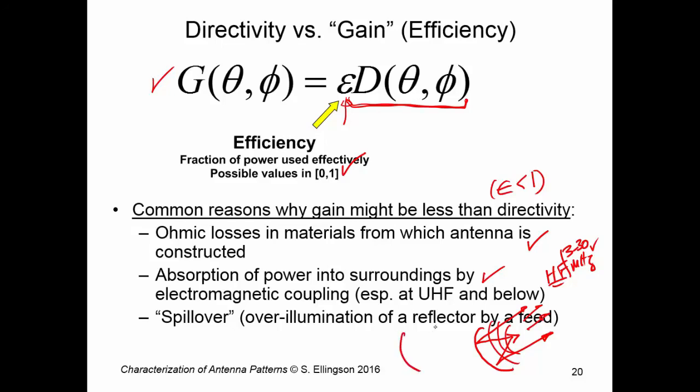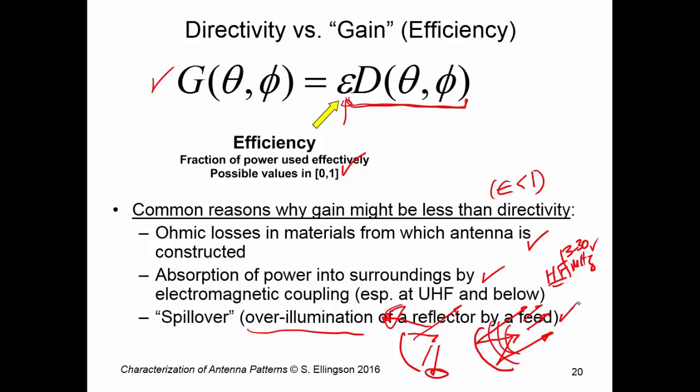Of course, what happens is that there is no way to design a feed system which illuminates only the reflector and doesn't, in part, illuminate things around the reflector through an overshoot mechanism, through over-illumination. And if that's the case, then the power which spills over, which misses the reflector, represents an efficiency loss because that's power which is not being collimated, not being sent in the proper direction.